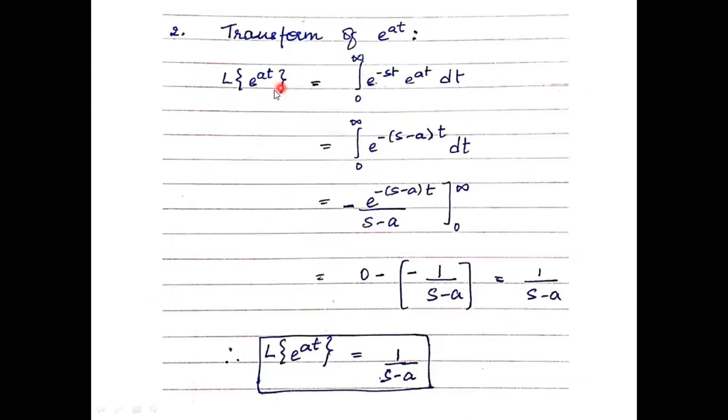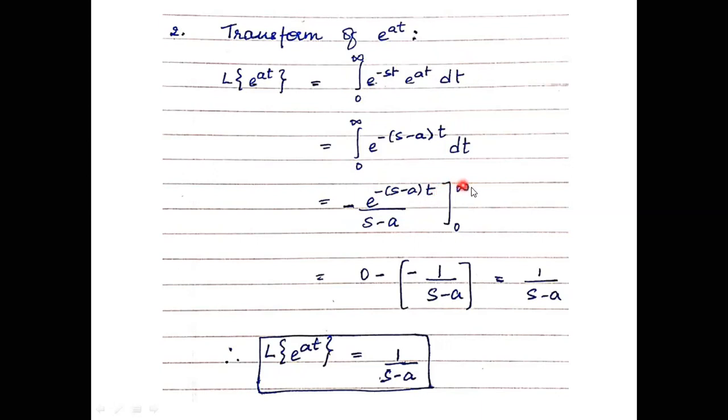Second one, Laplace transform of e power at. Using the definition of Laplace transform, I have integral 0 to infinity e power minus st e power at dt, which, using the law of indices, I have written like this, into dt. Integrating this exponential with respect to t, I have e power minus of (s minus a) into t divided by minus of (s minus a) between the limits 0 and infinity.